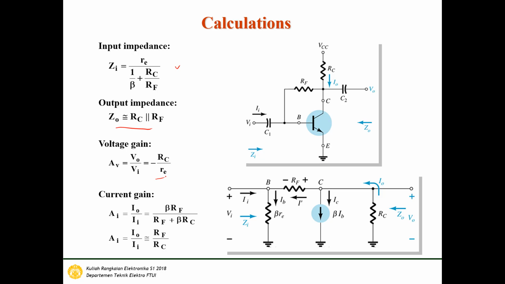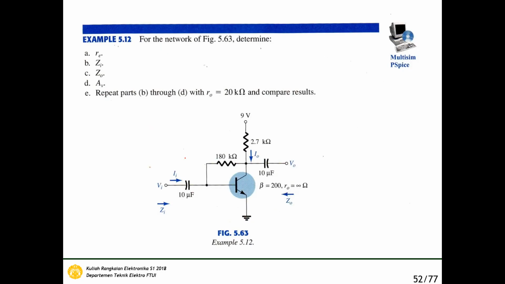And then the current gain AI is IO per IE, which is beta RF per RF plus beta RC, or approximately RF per RC. So the current gain is determined by the feedback resistor, but the voltage gain is determined by the collector resistor and small RE. The output impedance and also the input impedance are determined by the feedback resistor.